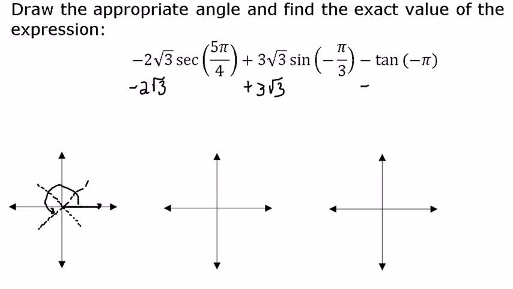Okay, so the reference angle is 45 degrees, or pi over 4. And we can go ahead and write 1, 1, square root of 2, because our 45, 45, 90s have the lengths of sides 1, 1, square root of 2.